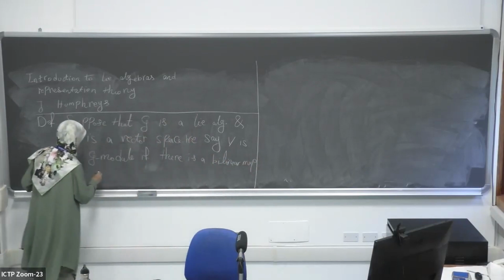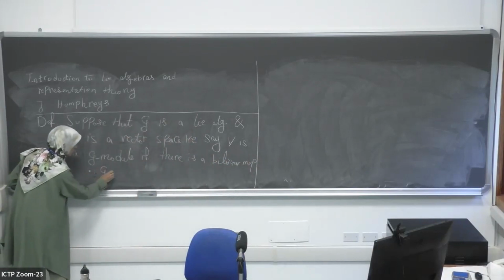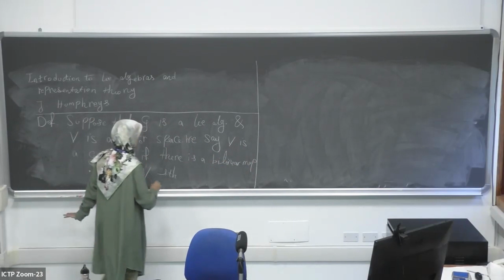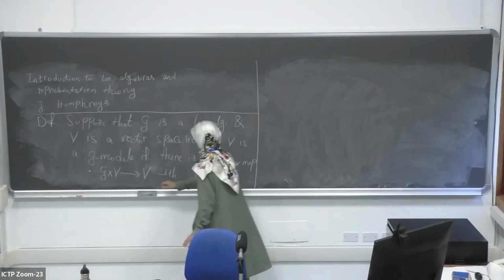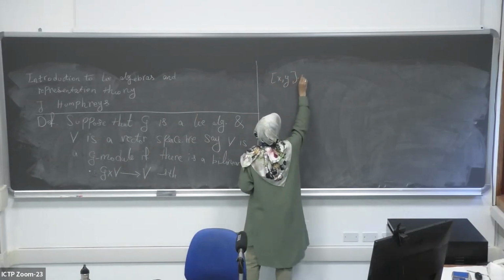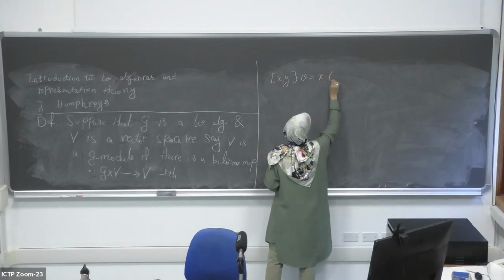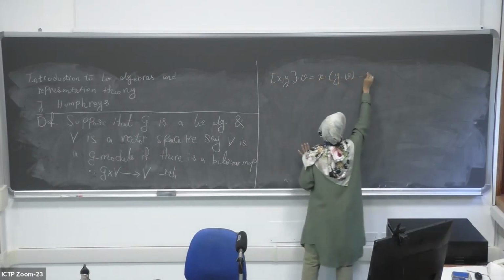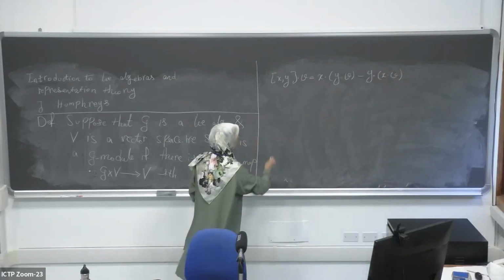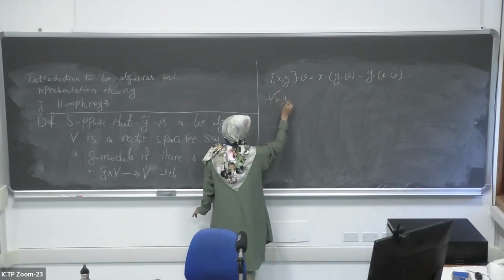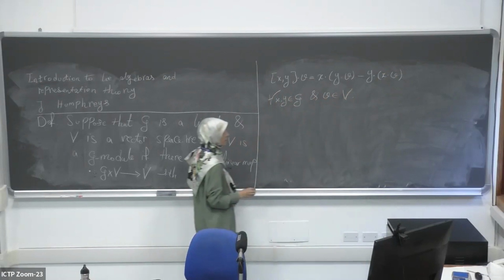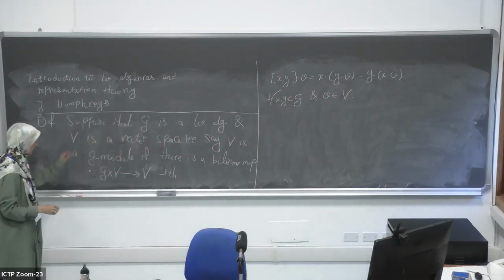I denote it by dot, from G times V to V, such that [x, y]·v is x·(y·v) minus y·(x·v), for all x and y belonging to G and v belonging to V. Okay?